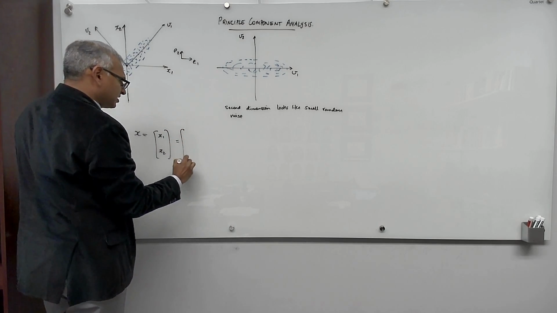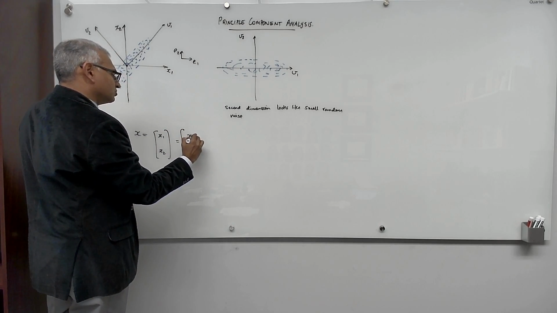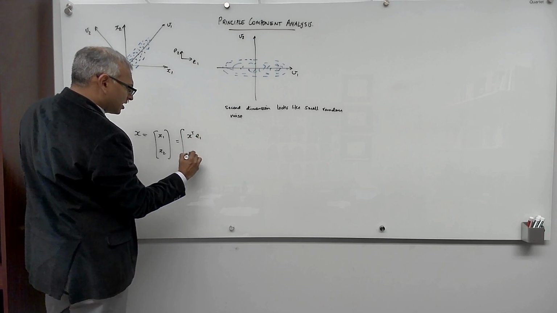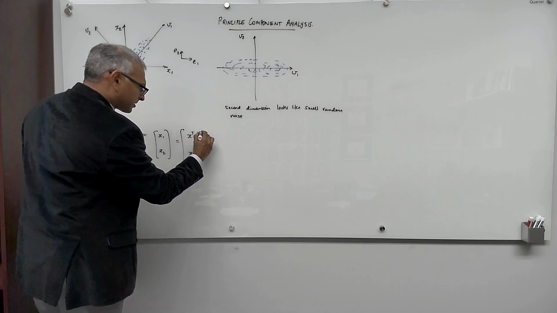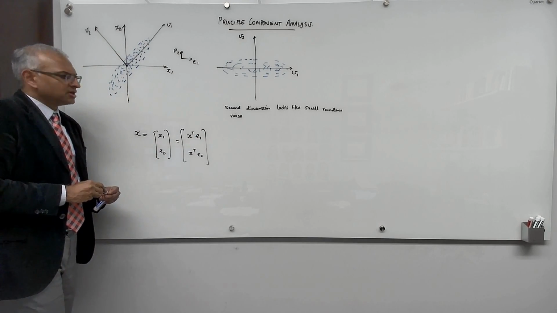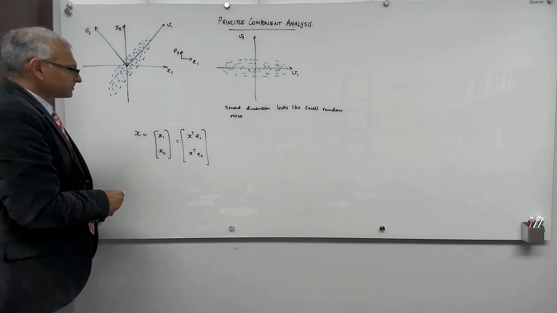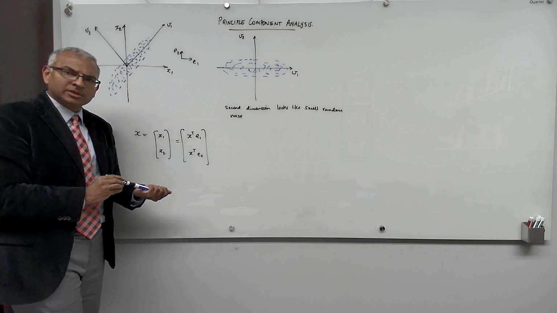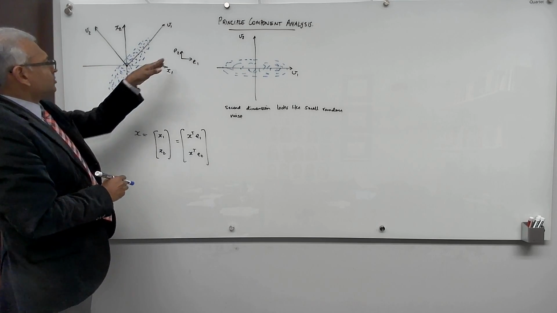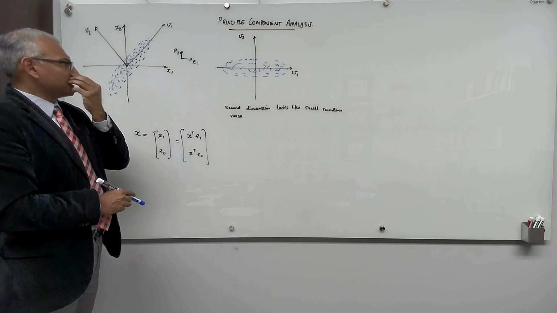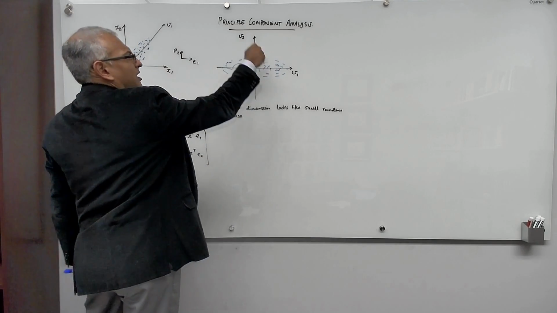Well, they are defined as x transpose e1 and x transpose e2. The standard Euclidean basis is what gives us our standard coordinates for x. But we're arguing that the standard Euclidean basis is not the natural basis for this data. The natural basis for this data is V1, V2.